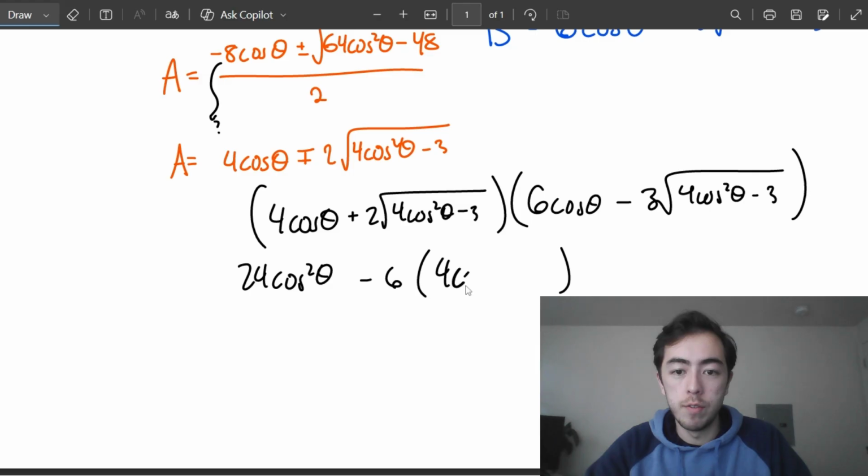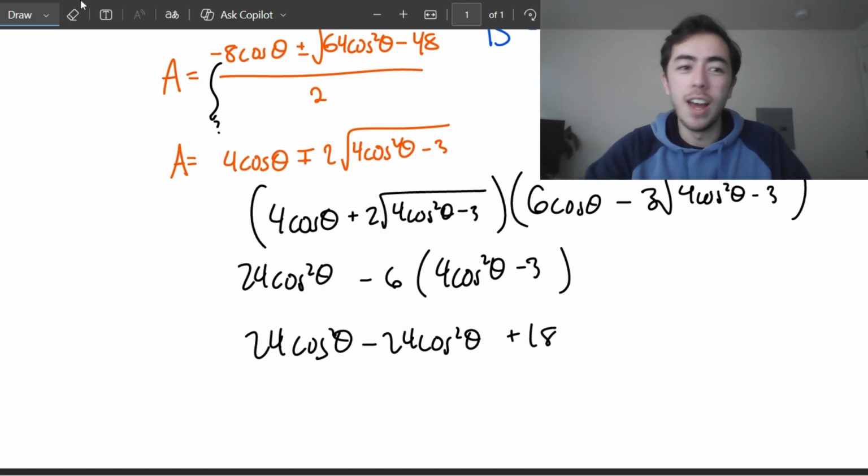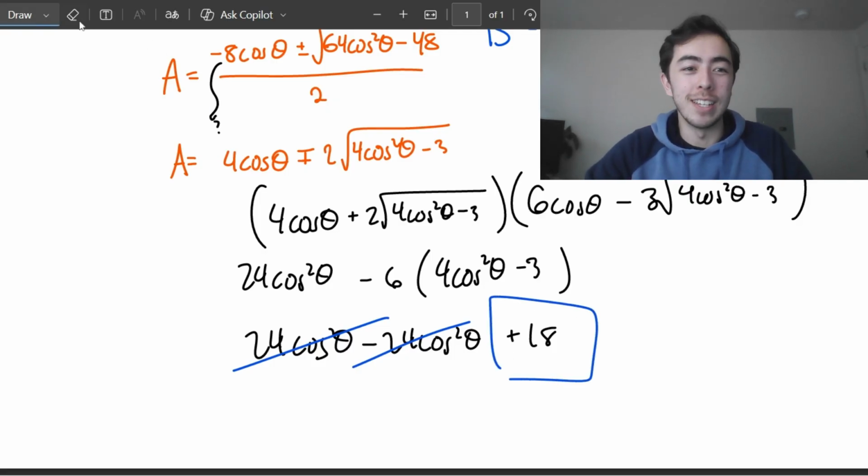So times 4 cosine squared theta minus 3. We're almost there, right? Because we can distribute this negative 6: minus 24 cosine squared theta plus 18. Bring down this 24 cosine squared theta, and almost by magic, but I guess not because it's all just math, these cosine terms go away, and we only get 18 for today.